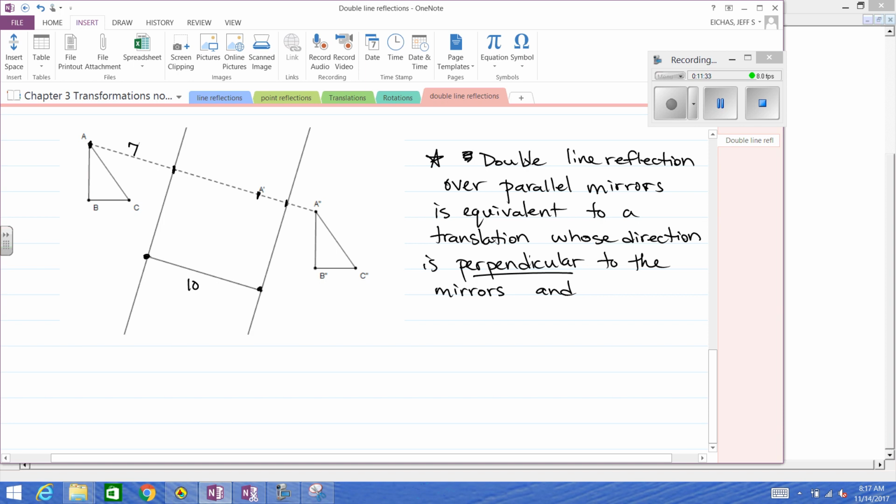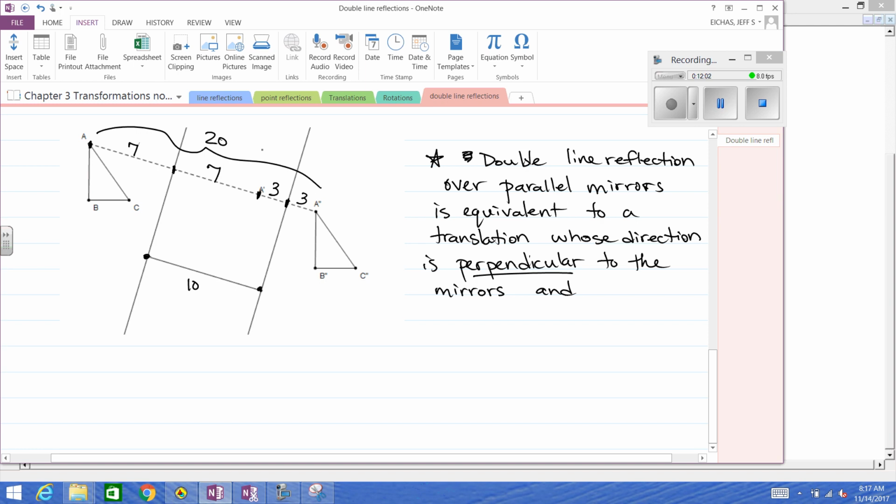Then from here to here must be 7 as well. Well, what does that leave from A prime to the mirror? If that's all together 10, then that's going to be 3. And if that's 3, then this is 3. So if the distance between the mirrors is 10, the distance between A and A double prime is going to be 20. So basically it's going to be double the distance.